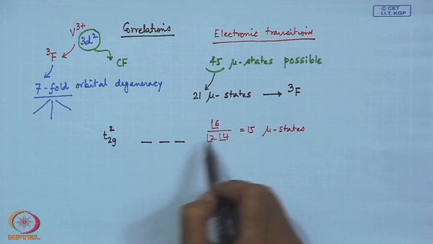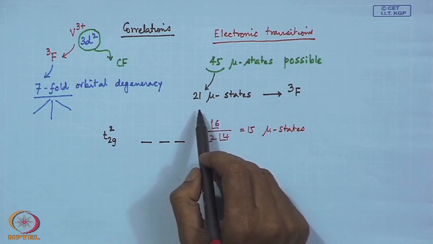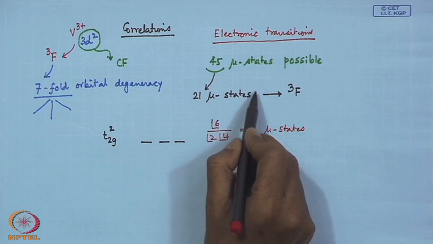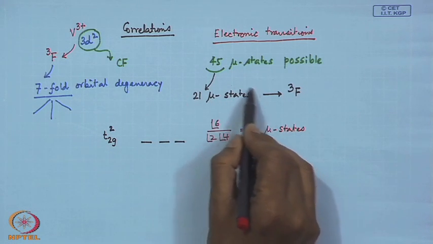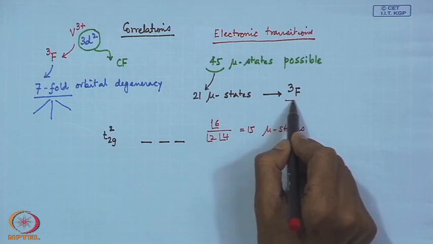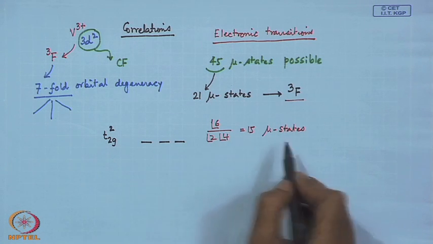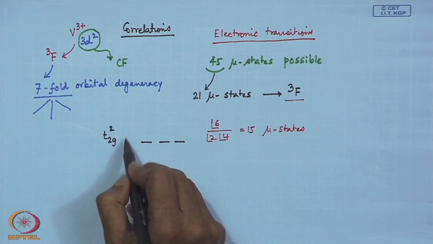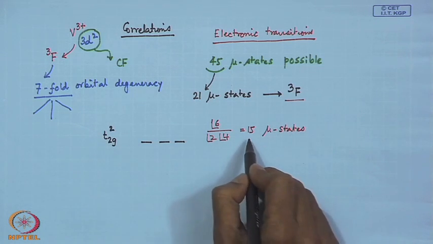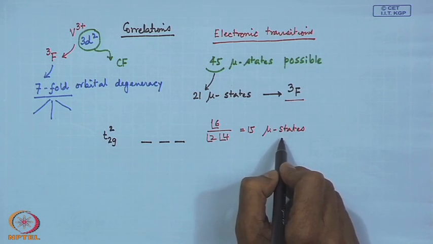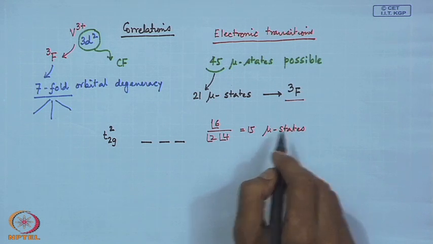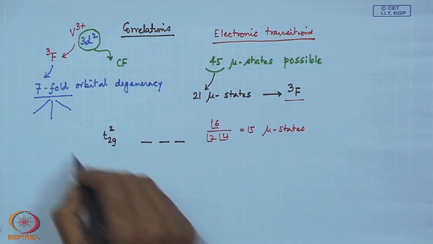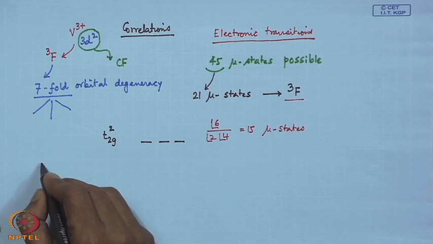So this basically gives us some idea that in the strong field case, in the weak field case, we have 21 microstates out of these 3F states, but on the right hand side we do not have the corresponding 3F term, but we have the T2G2 configuration, and out of that we have the 15 microstates permissible. Then out of these we have the next higher one, so which one?